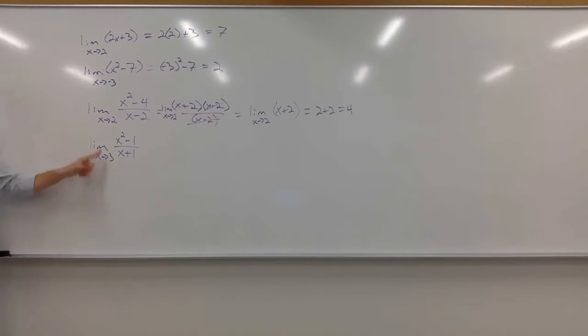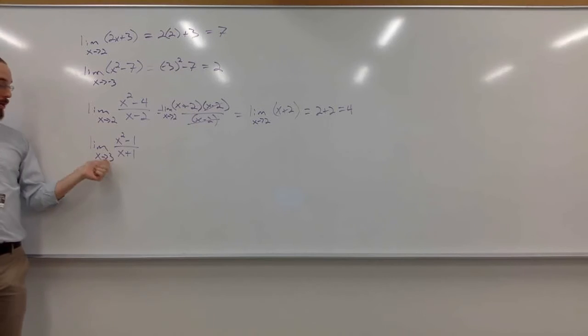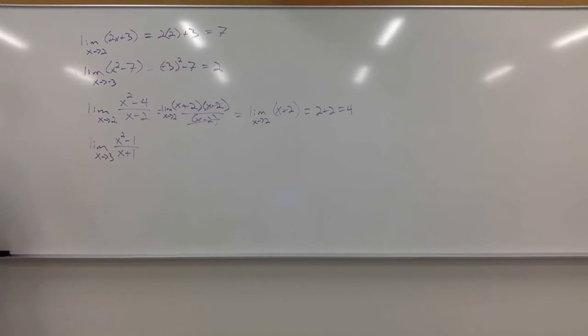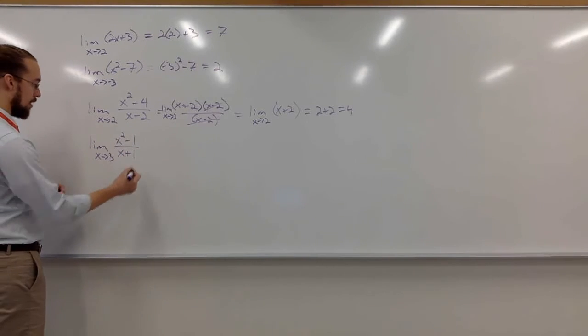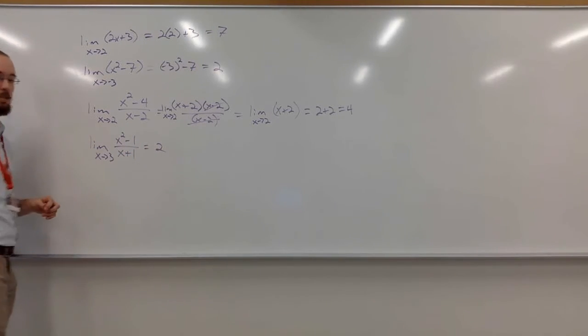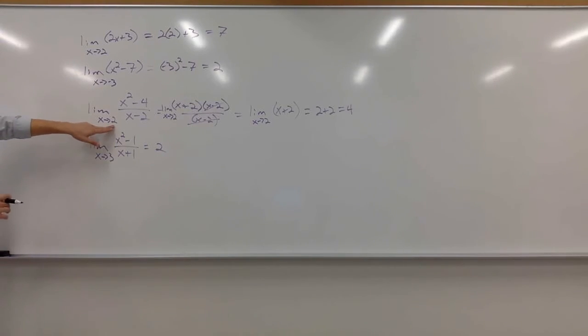Even though this function looks really similar to that one, if I just plug in 3, I get a real number. If I plug in 3, what do we get? 8 over 4. I didn't have to do any algebra at that time.